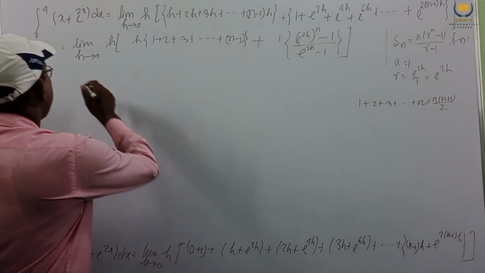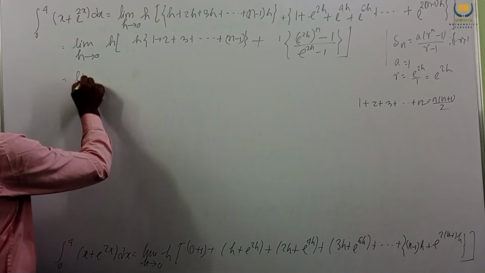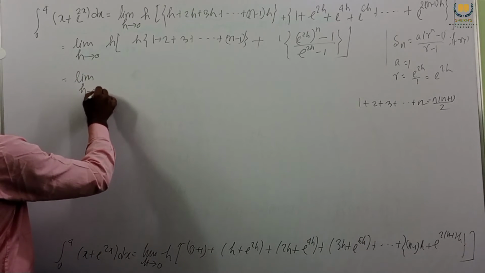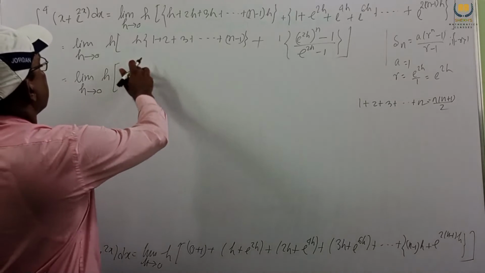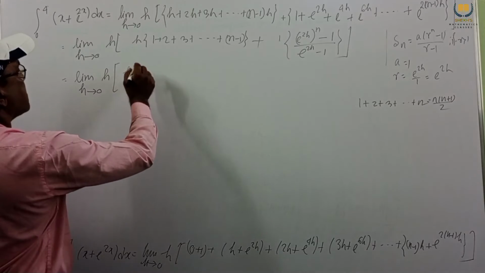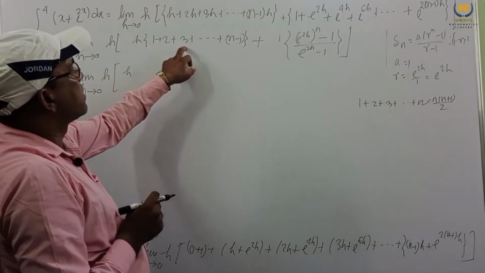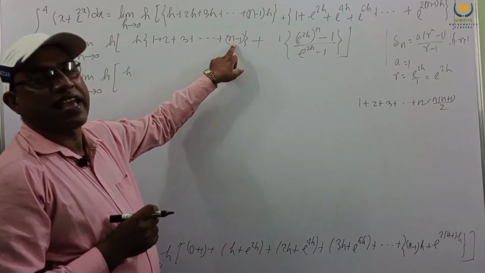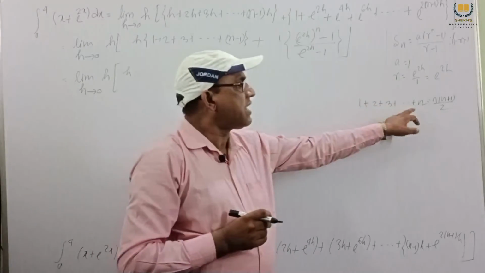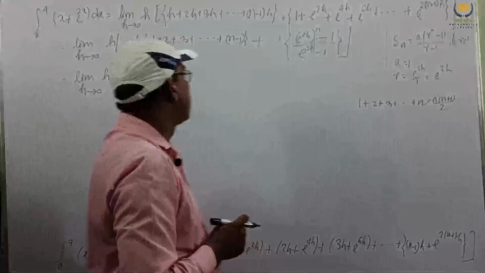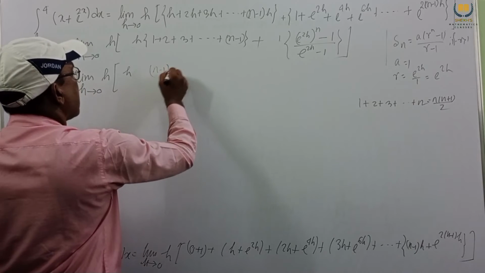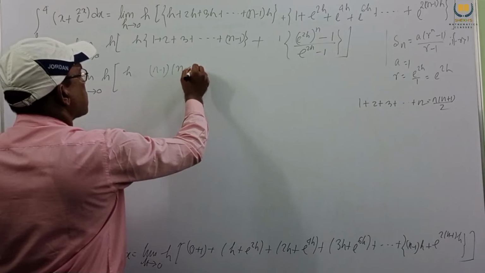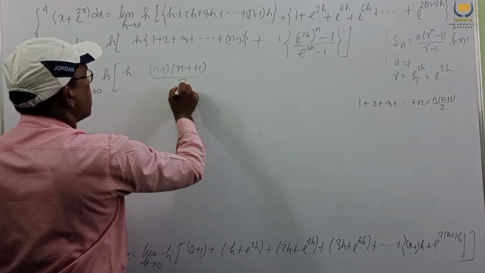Now here we have limit h tends to 0 of h, and this h remains the same. This is 1, 2, 3, dot dot dot, and we assume the ending number is n. If the ending number is n, the answer is n(n plus 1) by 2.